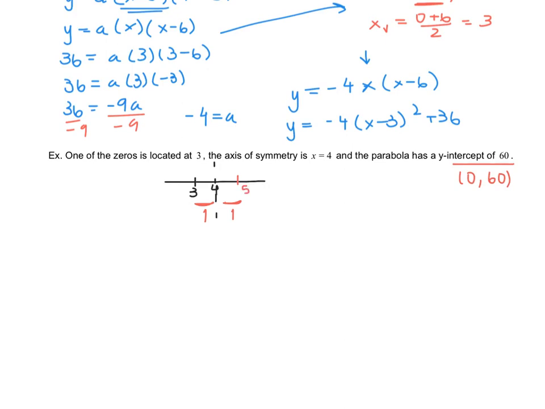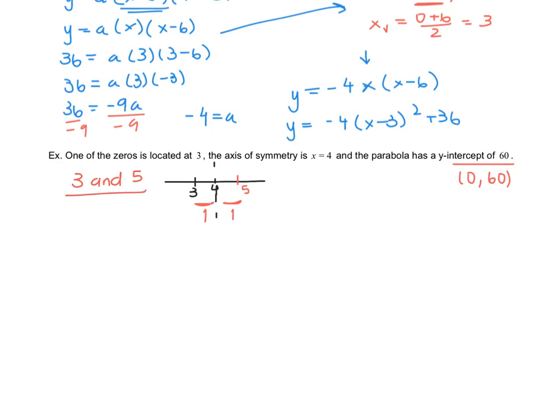So if the axis of symmetry is at 4, the other one should be at 5. And now if my zeros are at 3 and 5, it makes perfect sense that when I average them, I get that middle axis of symmetry at 4. So now I have my zeros as 3 and 5.